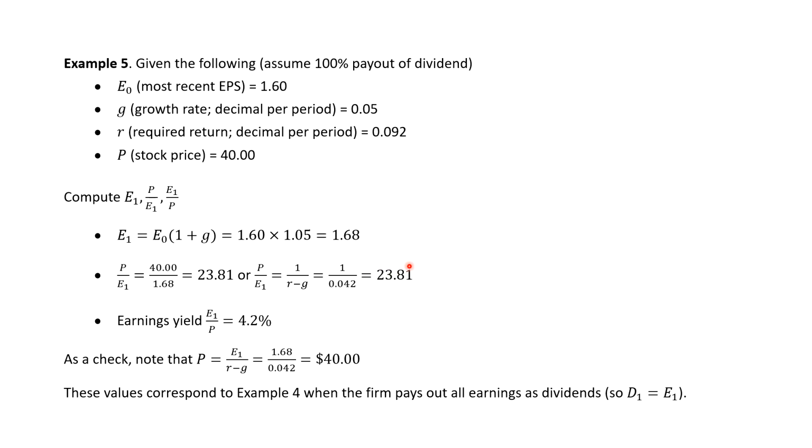So it's 1 divided by 23.81, and we get 4.2%. Then as a check, we know that the price should be the earnings, again, under this 100% assumption here. This is essentially D1 divided by R minus G. So we take our $1.68 and divide that by R minus G, 0.042, and we do get $40.